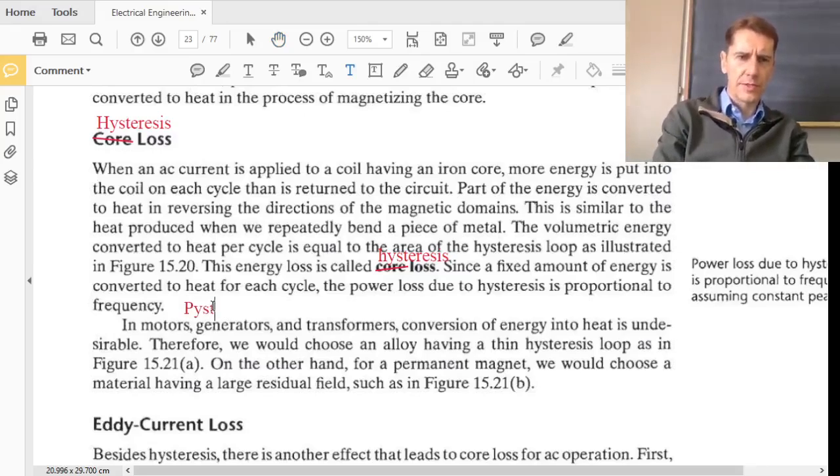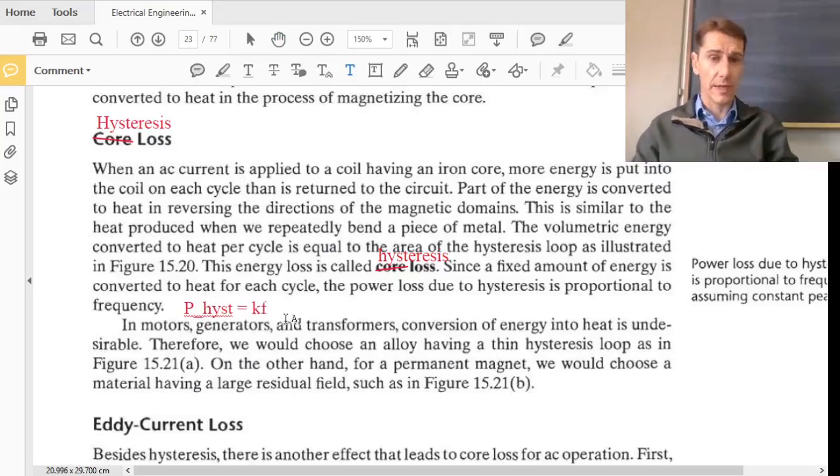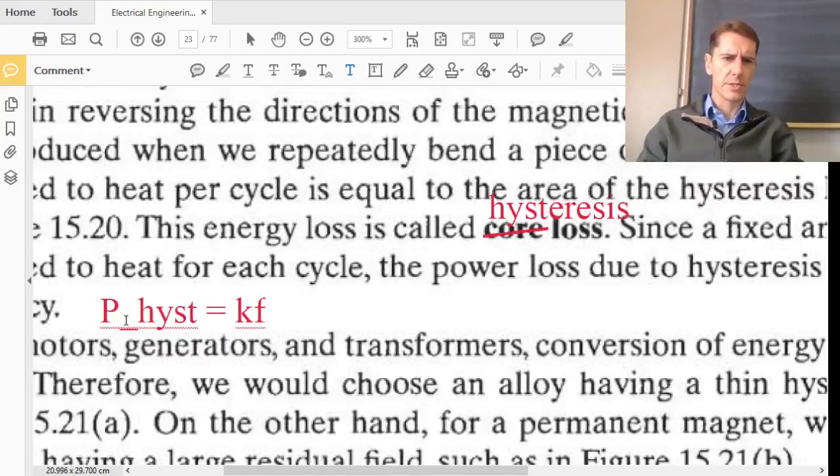P hysteresis equals Kf. It's proportional, that's where the K comes in, to frequency. So hysteresis loss P is proportional, K, to your frequency.